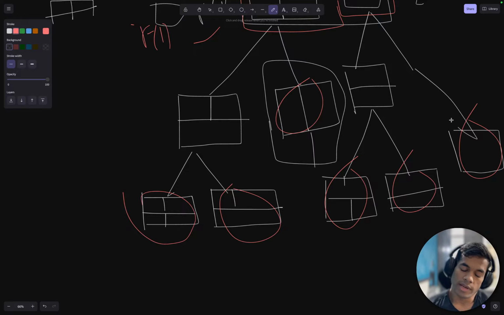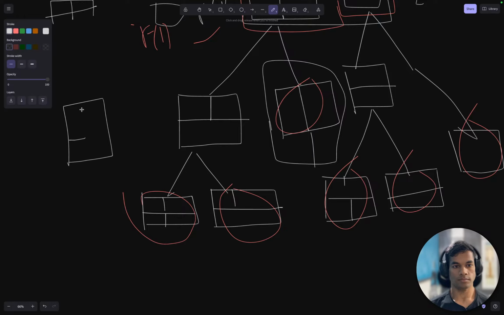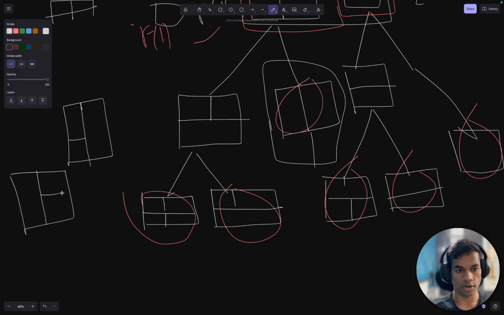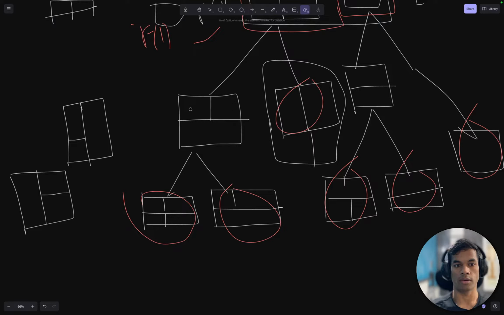That also makes sense because we are not considering something like this, and the mirror image. These are the only things that we are not considering, and these are only possible when there is a line.